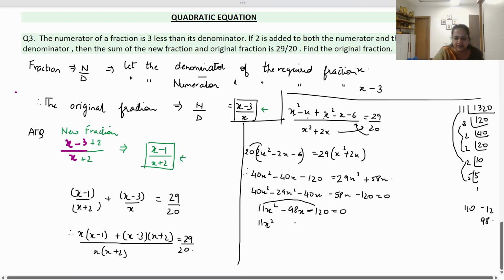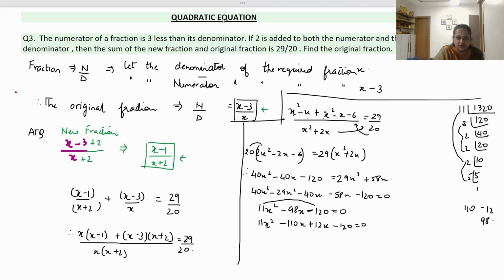Let's write 11x square minus 110x plus 12x. Minus 110 plus 12 will give me 98 with a negative sign, minus 120. Now we look at the first two terms and the last two terms.